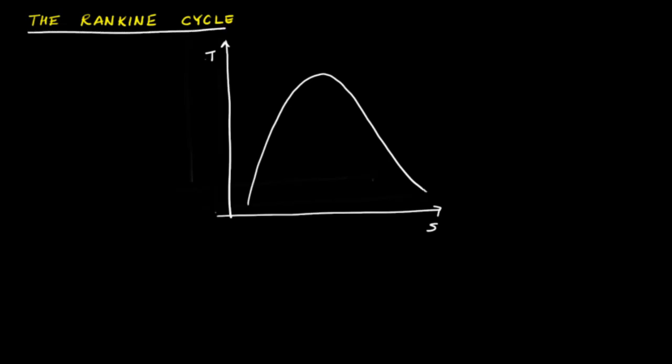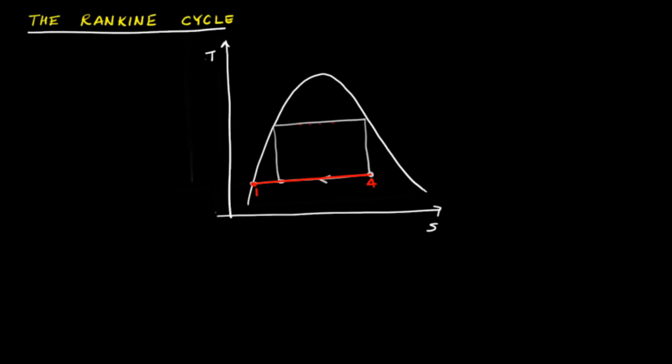So in the Rankine cycle, the modification is that if this is the Carnot cycle that we considered earlier, now the heat rejection step, that is from this state to this state, is continued until this saturated liquid state is attained. So now we'll call this state as state 1. This is the state 4.